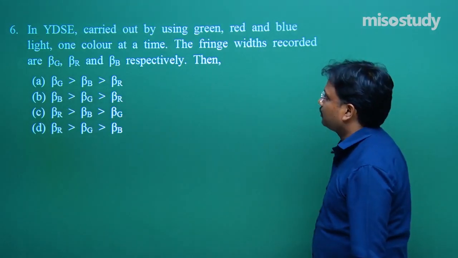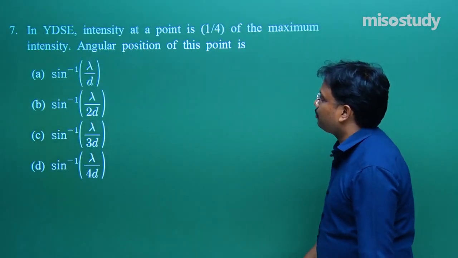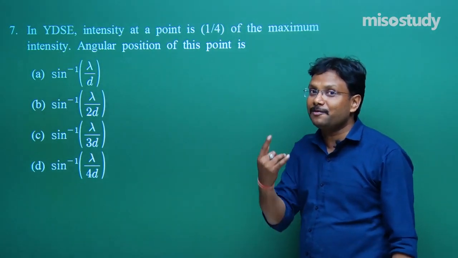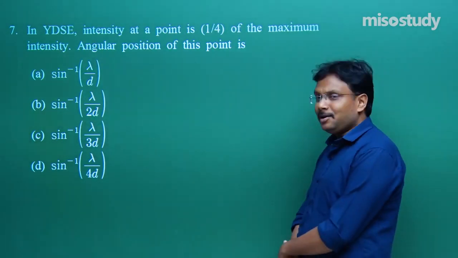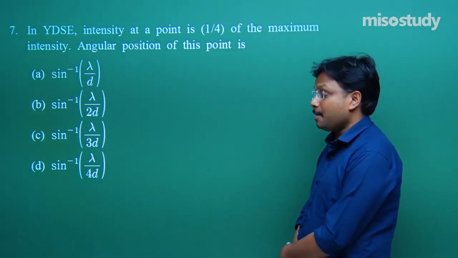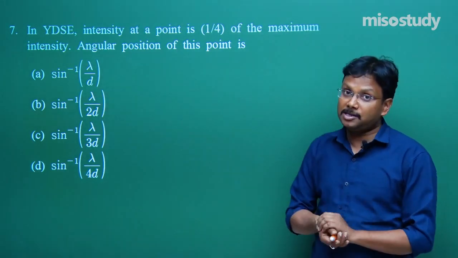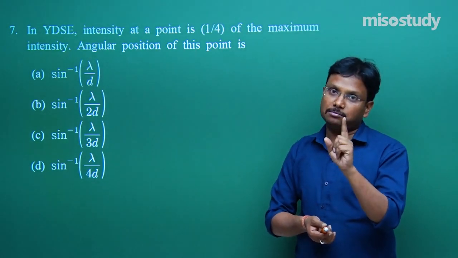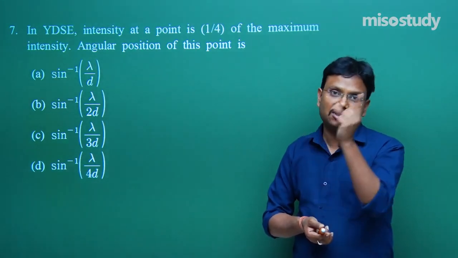Let us move to the 7th problem. Why is it the 7th problem? You know, this is the second episode of that previous serial. Again YDSE. If I am emphasizing this experiment, it means minimum one question you will definitely get from this topic.